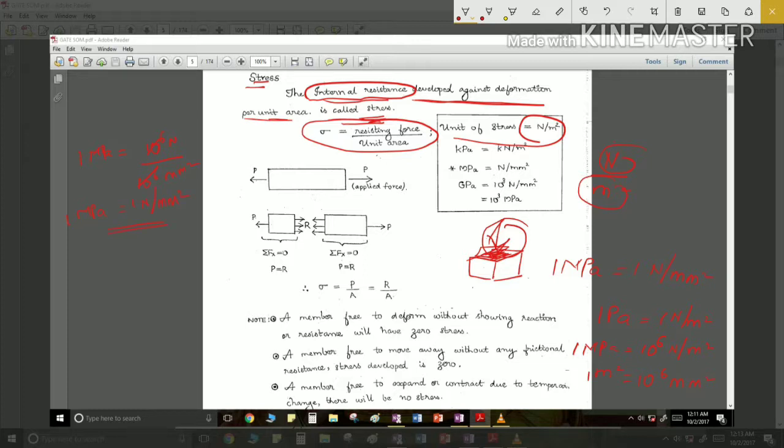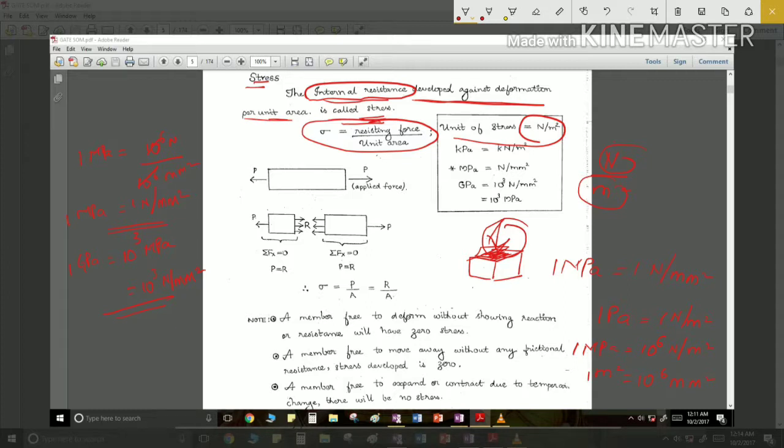So 1 megapascal is equal to 1 Newton per millimeter square. Similarly, 1 gigapascal in terms of megapascal is 10 power 3 megapascal, and therefore 1 gigapascal is equal to 10 power 3 Newton per millimeter square. So these are very important in this entire strength of materials syllabus.